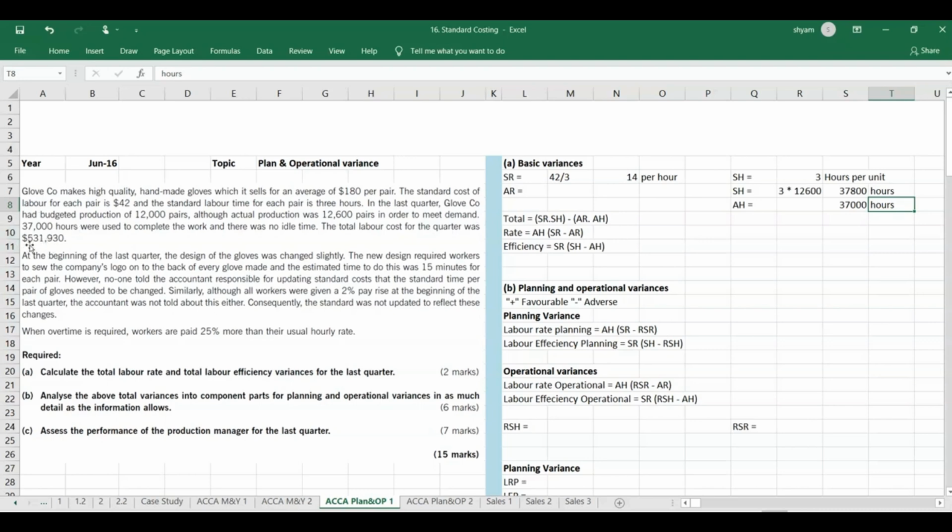So this is the total cost. Why has he given the total cost? Because we have to find out AR. So AR is 531,930 divided by 37,000 hours. Okay, it's per hour.